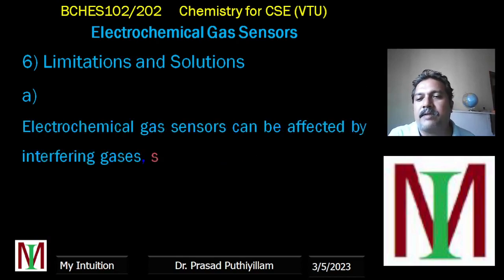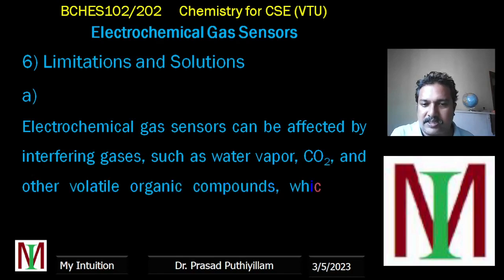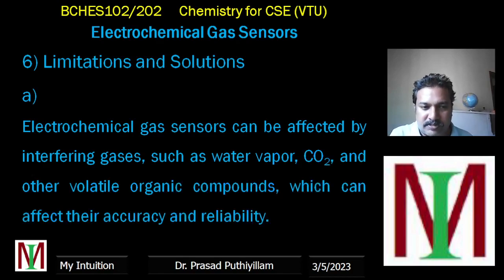Electrochemical gas sensors can be affected by interfering gases such as water vapor, carbon dioxide, and other volatile organic compounds, which can affect their accuracy and reliability. Water vapor is one of the main things affecting our normal electrochemical gas sensors, because moisture varies, and we need some watery atmosphere also for the reaction to work properly.